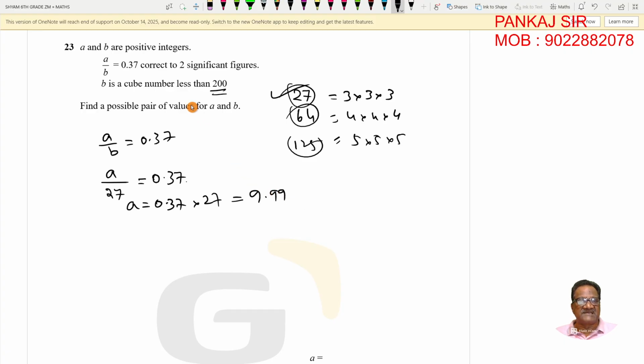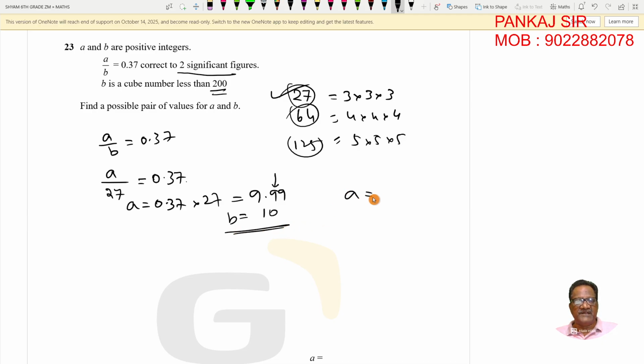Okay, but see, this is a number 0.37 correct to 2SF. So this also you have to round up to 2SF. This is the 2SF position. So 9.99, if you round it to 2SF, you should get this as 10. This is 2SF.